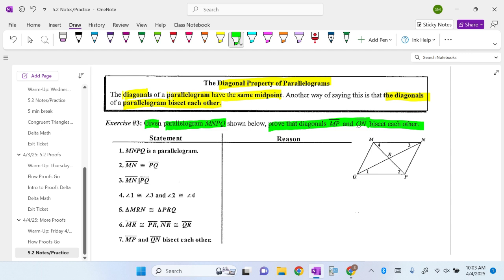The first thing that they state is that MNPQ is a parallelogram. What reason would that be? It's just given. They told us that. They then say that MN is congruent to PQ. Why do you think that is?